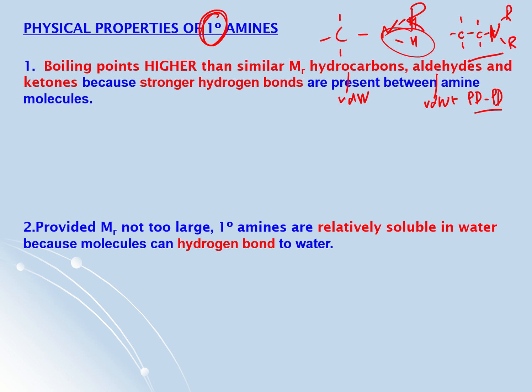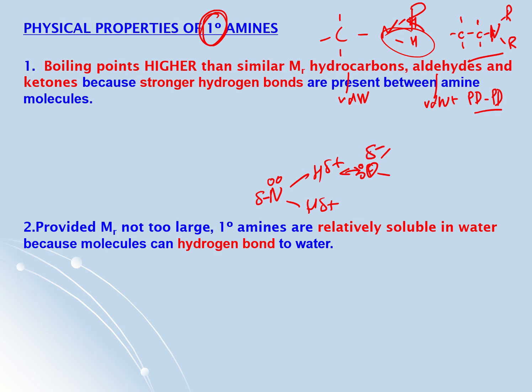Okay, provided they're not too large, they're fairly soluble in water, again for the same reason. You have of course the lone pair of electrons on the nitrogen, and you have the very delta positive hydrogens, which can of course form hydrogen bonds with water molecules. Okay.